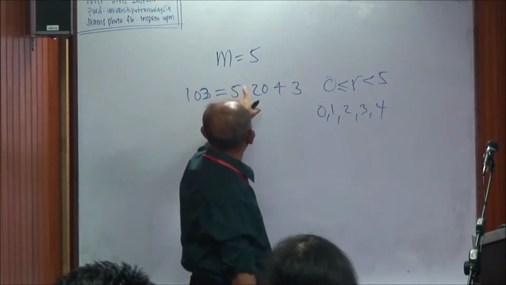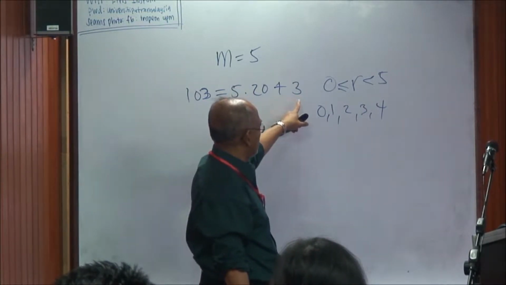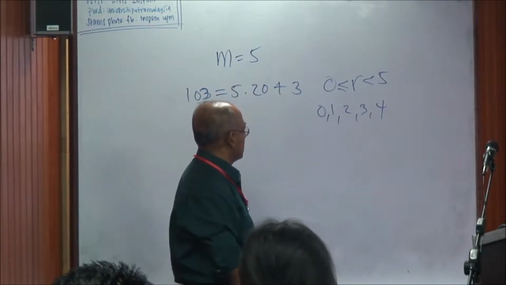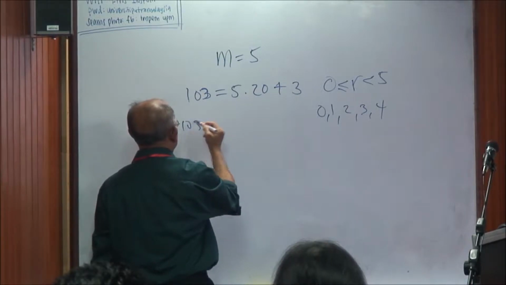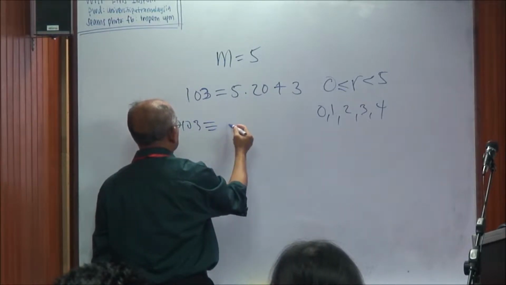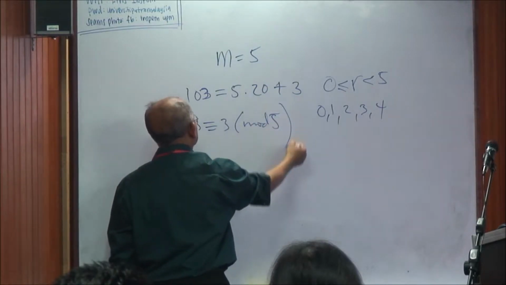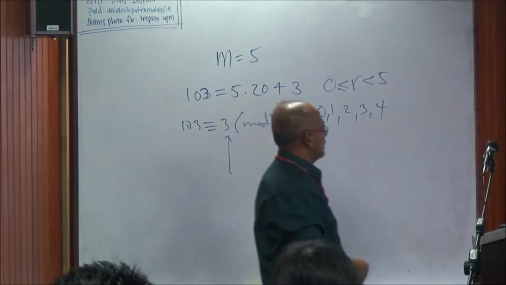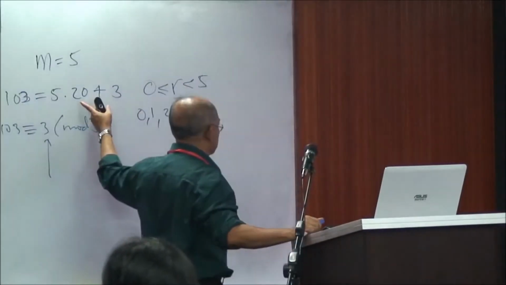So in modulo 5, the remainder when dividing by 5 is equal to 3. Based on the congruence form, we can write this as the integer being congruent to 3, where the modulus is 5. This value cannot go more than M, which is 5 in this case.